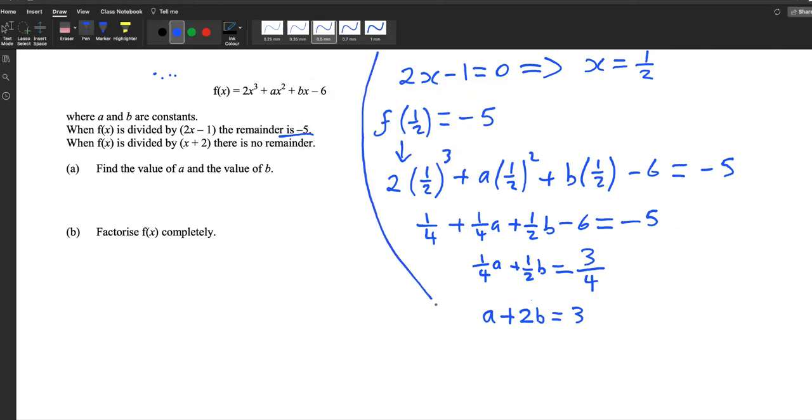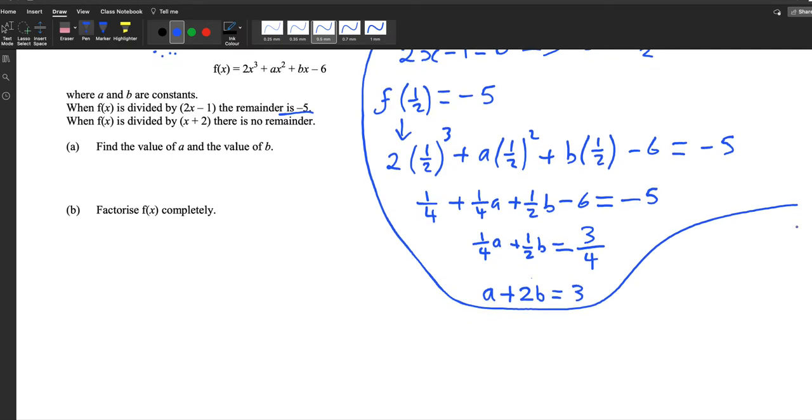Then, to use the rest of the information, I know that when f of x is divided by x plus 2, there is no remainder, i.e. the remainder is 0. So if x plus 2 were equal to 0, that would mean that x would equal minus 2.